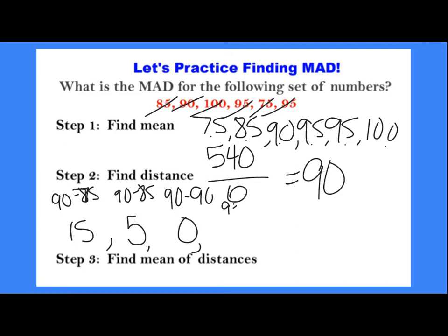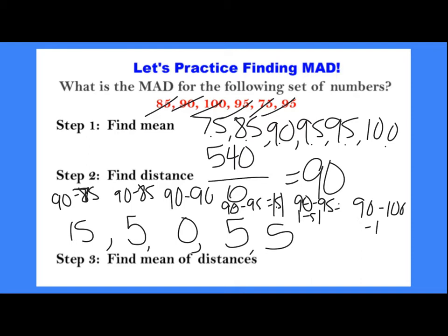Then 90 minus 95 is negative 5, but you do the absolute value of 5. Same thing for the other 95. And then 90 minus 100 is negative 10, absolute value of 10. So we take the 15, 5, 0, 5, 5, and 10, add those up, and we get 40.